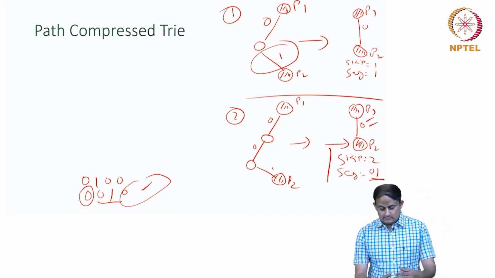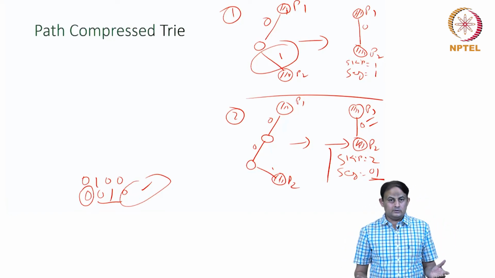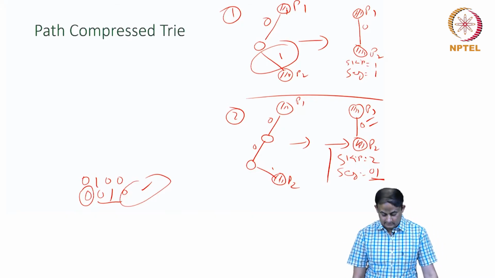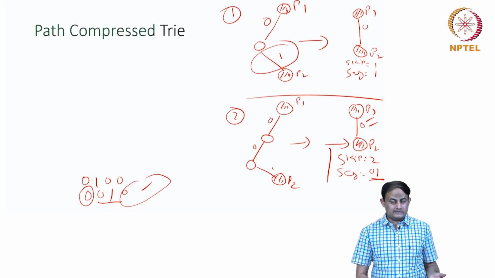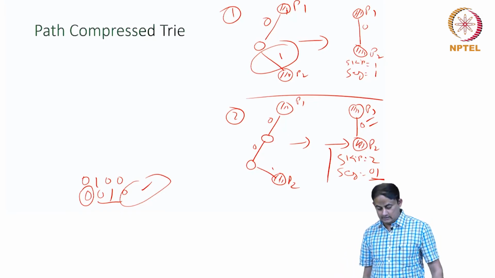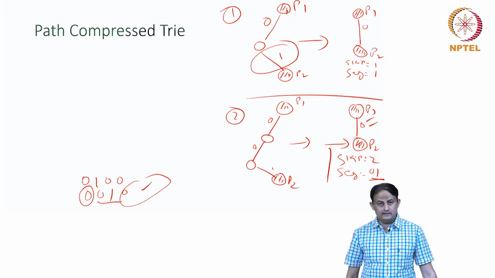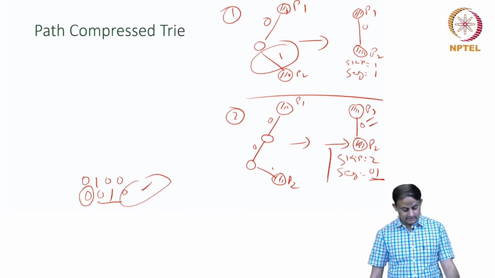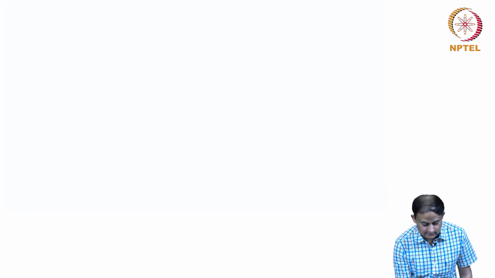So, let us take some examples and see what advantage we get by doing this, how many memory references we can reduce, and whether asymptotically it is going to offer any benefits or not. We will try to find out in a minute. Let us say I have these prefixes.